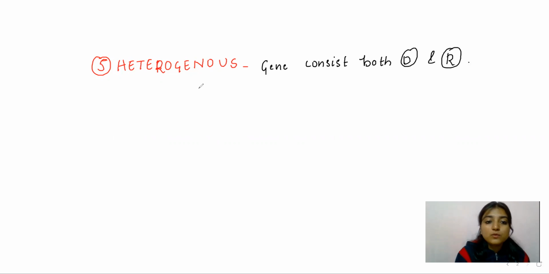So it should contain the capital T, the dominant one, and the small t also. Then this is heterogeneous.